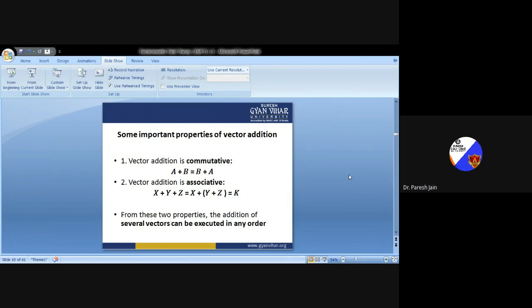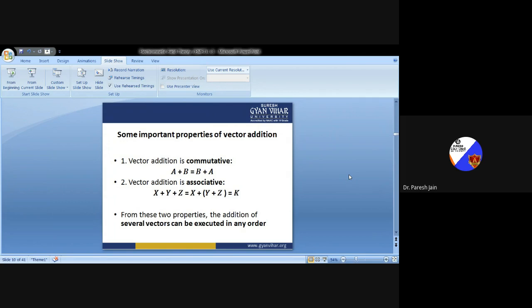Vector addition is associative: X plus Y plus Z is equal to X plus Y plus Z equal to K. From these two properties, the addition of several vectors can be executed in any order.